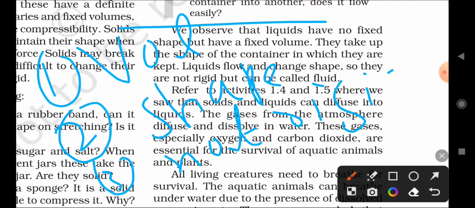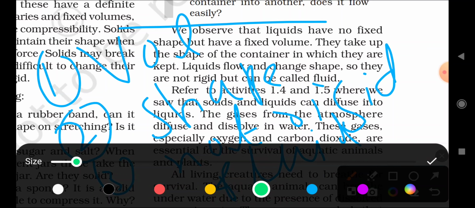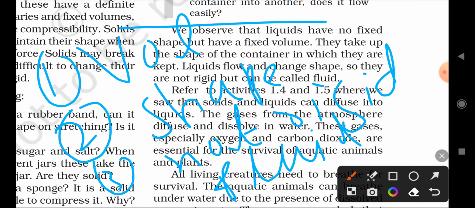They are called fluids. These are some properties of liquids: a fixed volume, no fixed shape, not rigid in nature, and fluid in nature.